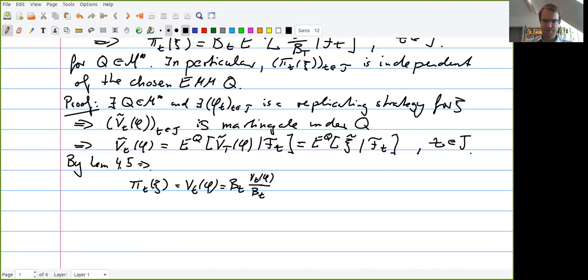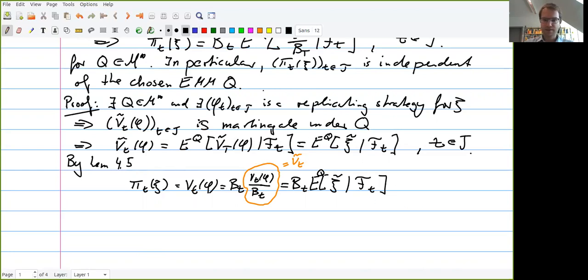Well, but now here, this is the discounted value process, so we can use the equality we just derived above to see, okay, we have here the discounting factor, and then we have the conditional expectation under Q. And that's what we wanted to prove.